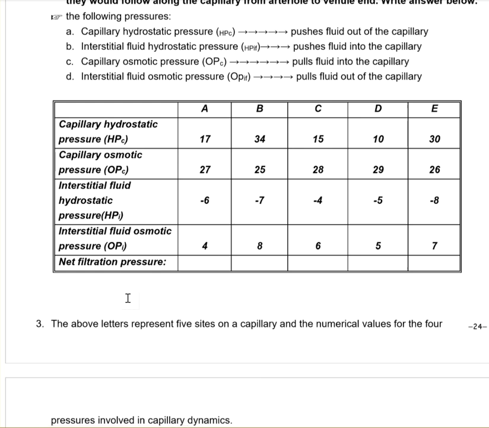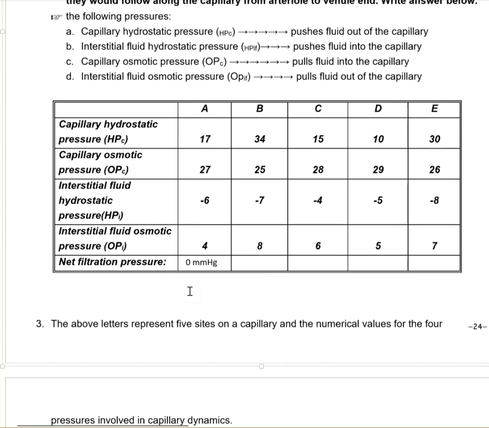Okay, so I hope you paused the video and you did the equations. And I'm going to now write in the values or type them in if I can. Let's see, can I type them in? Oh, I can. That's perfect. Okay, so the first one, when you do the math, is 0 millimeters of mercury. Now, one thing I want to say about this is remember, the one thing you had to do here is you had to take 17 and subtract -6.